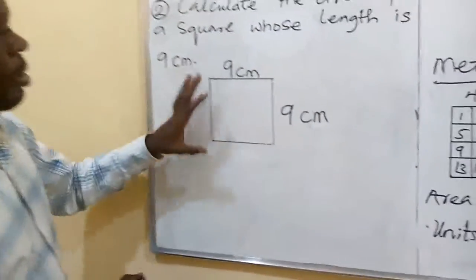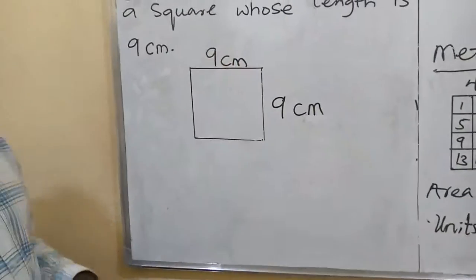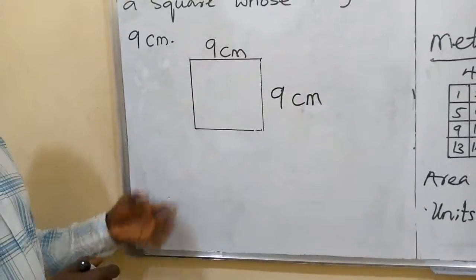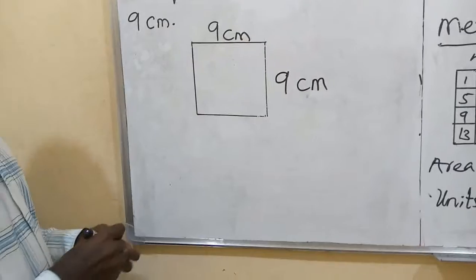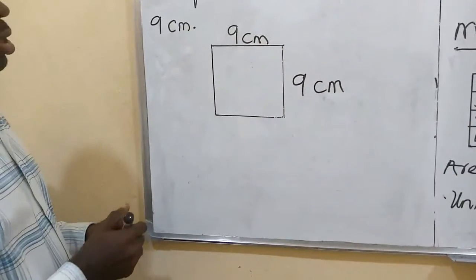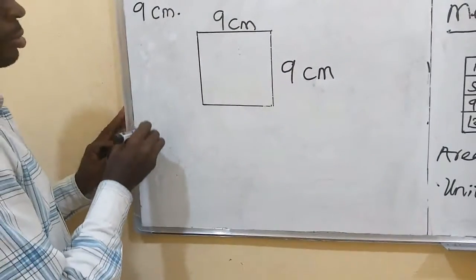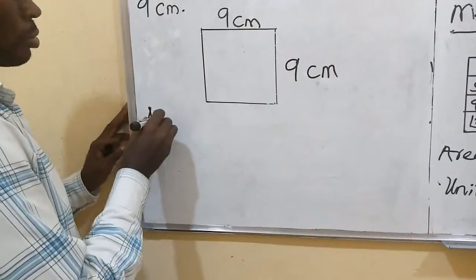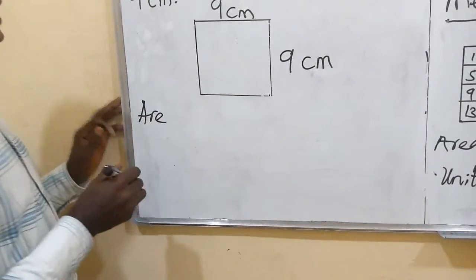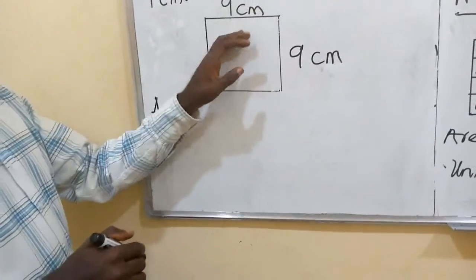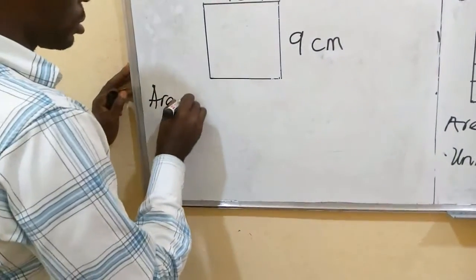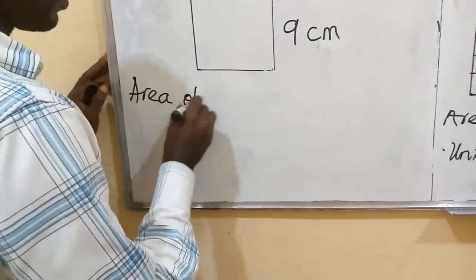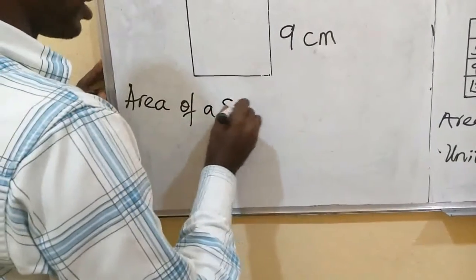So now we have gotten the 2 sides needed for our calculation of the area of the square asked in the question. So now, the next thing, we are going to use the formula method to find the area of this shape. So now we have area of a square.